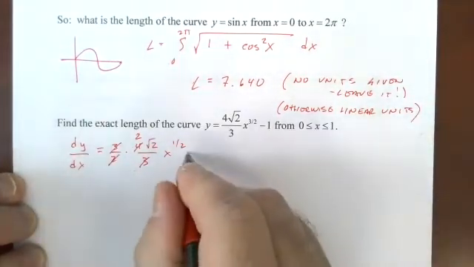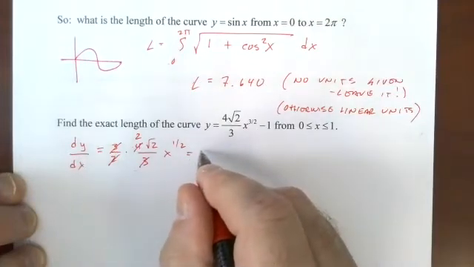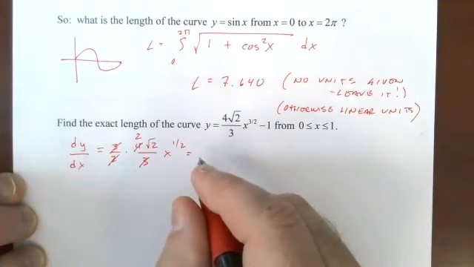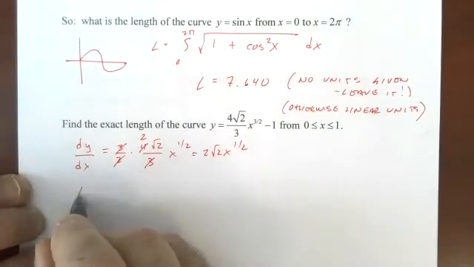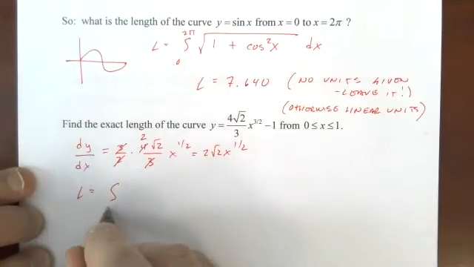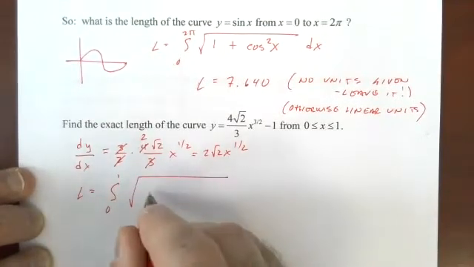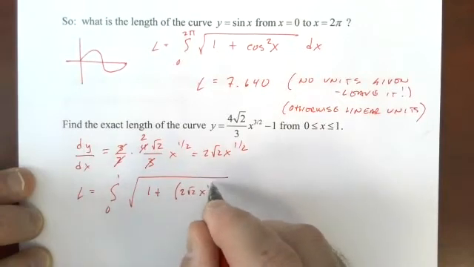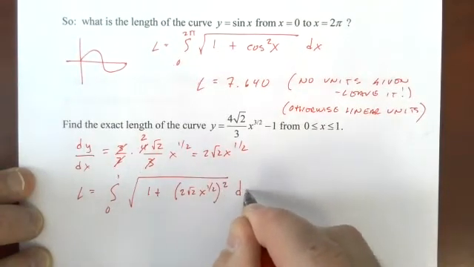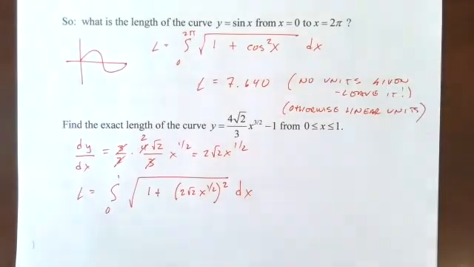Minus 1 vanishes, so we get 2 root 2 x to the 1/2. And the length will be the integral from 0 to 1 of the square root of 1 plus 2 root 2 x to the 1/2 squared with respect to x.